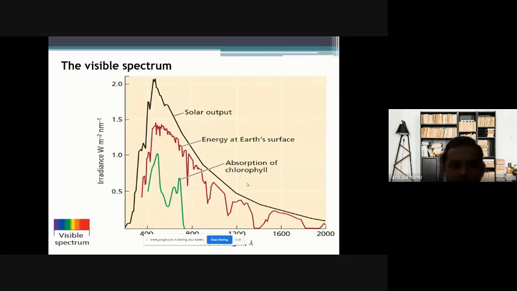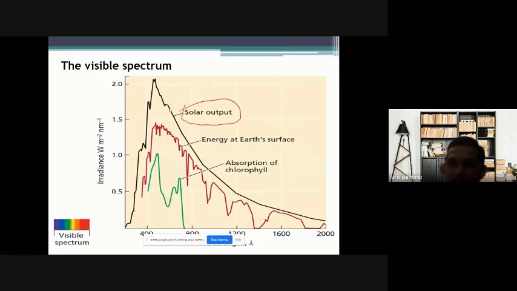And when we see the graph here, it is the solar output, meaning this is all the spectrum that is produced by the sun.